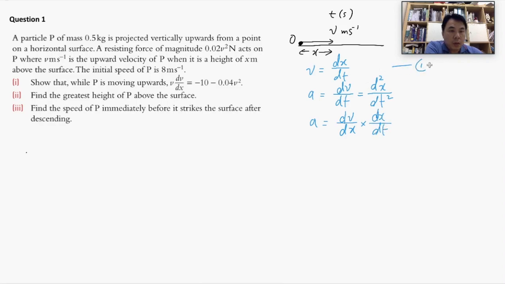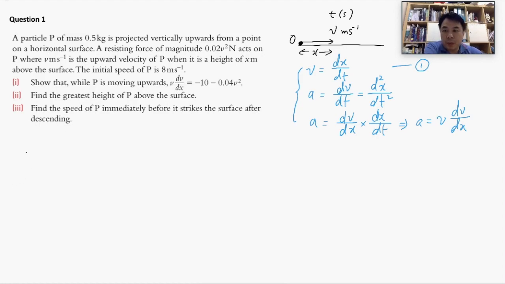From equation 1, dx/dt represents velocity. Therefore, we can rewrite acceleration as v dv/dx. These are all the fundamental connections between calculus and mechanics. Since we are ready, let's get started.